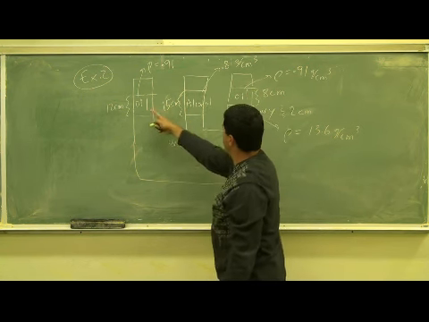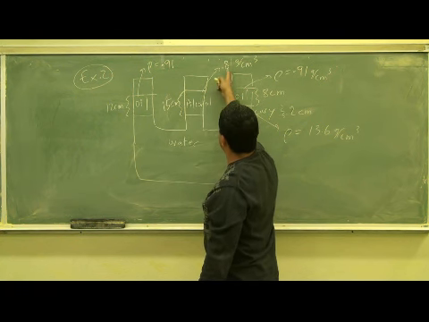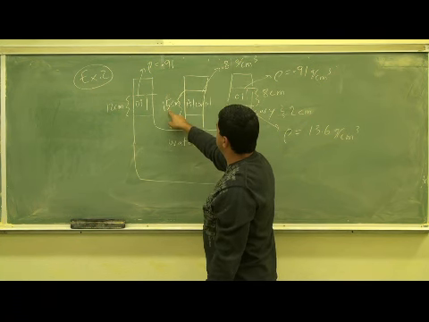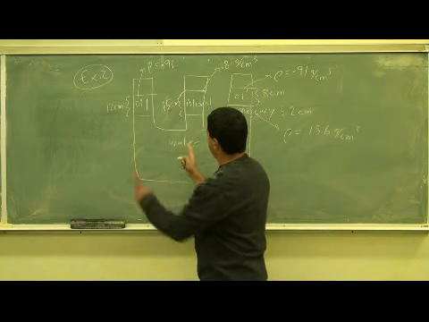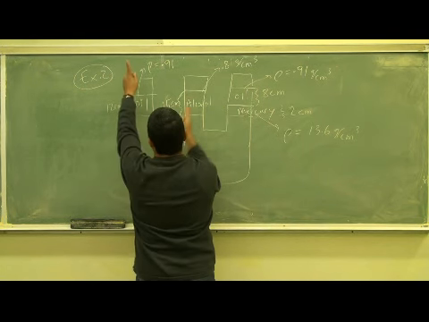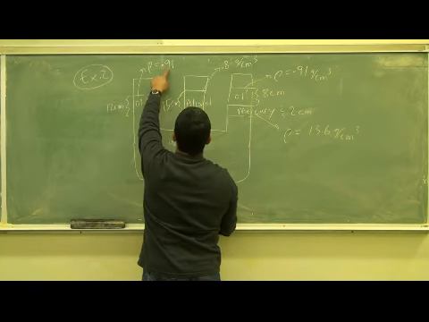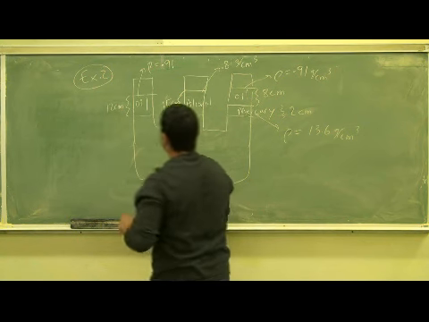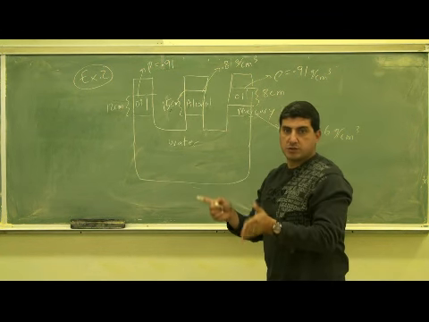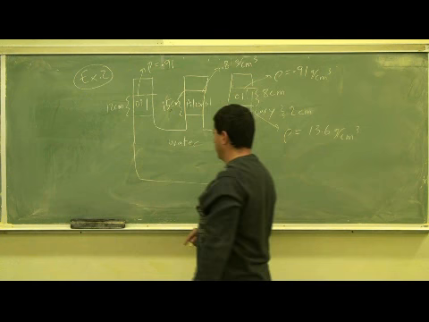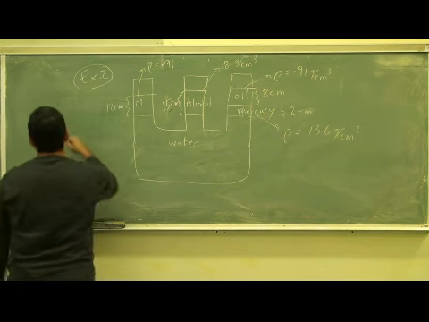Out of these two, the alcohol is less dense but has more height, so I'm not sure which will go up higher. This is more dense, but there is less of it, so one of them might go higher than the other. At the end, it's going to look something like this.